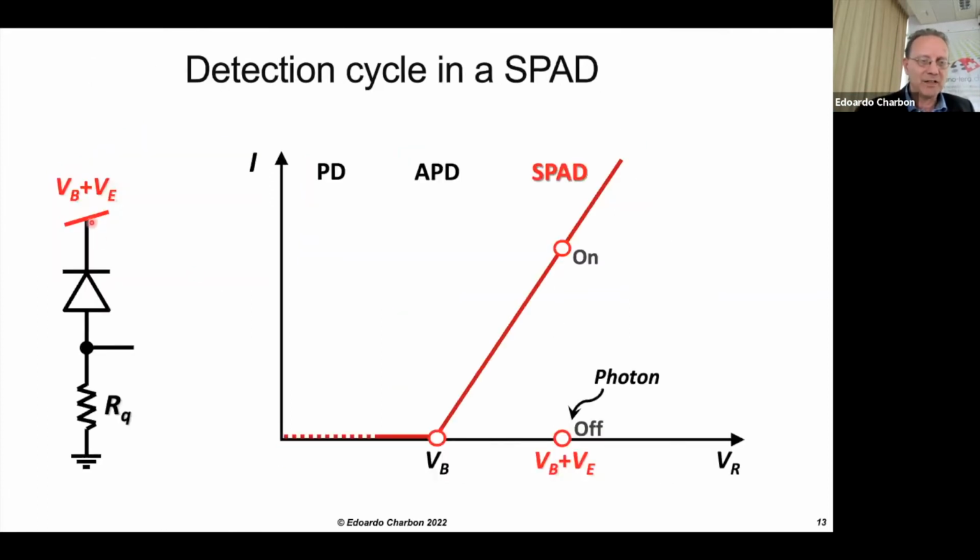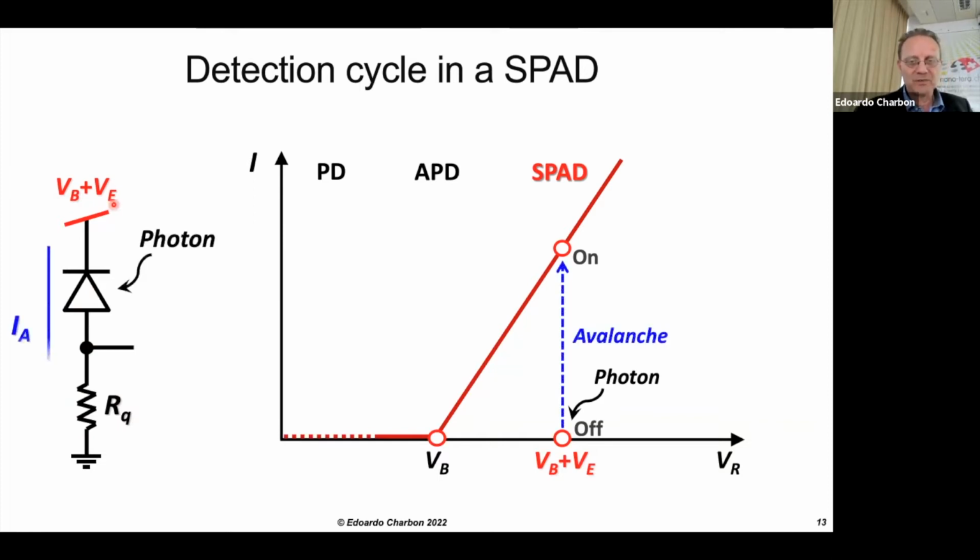You can build a diode that has in series a resistance known as a ballast resistance. And effectively, you are ready to receive a photon when you're operating at a voltage above breakdown, so it's a voltage VB plus VE, the breakdown voltage plus the excess bias voltage.